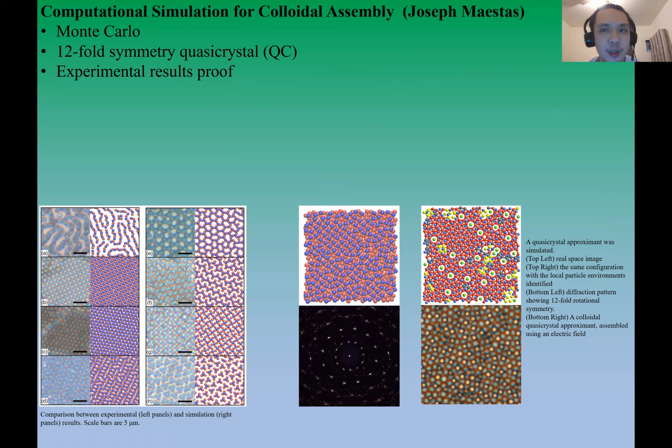And the last project I'm going to introduce is a computational simulation project. In this project, our PhD student Joe applies Monte Carlo simulations to simulate what kind of structure will form for spherical particles under an applied electric field.